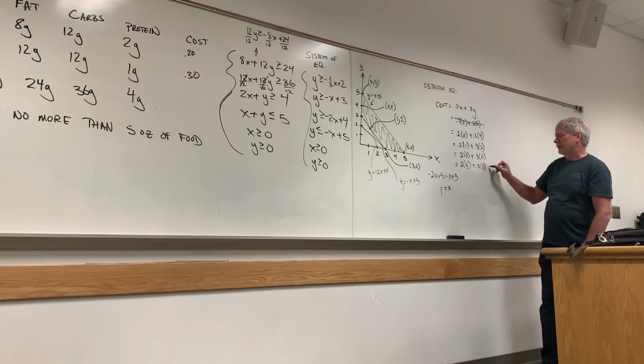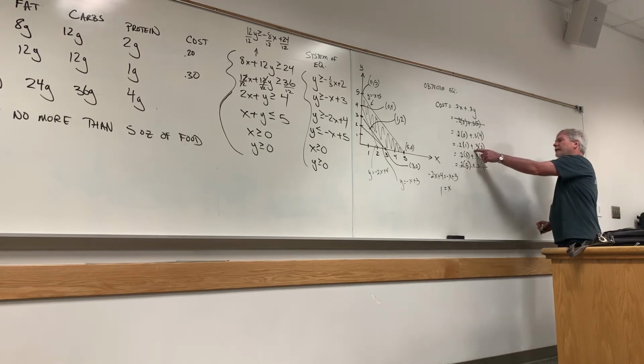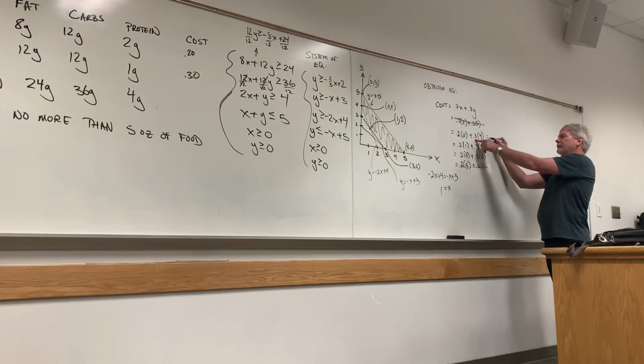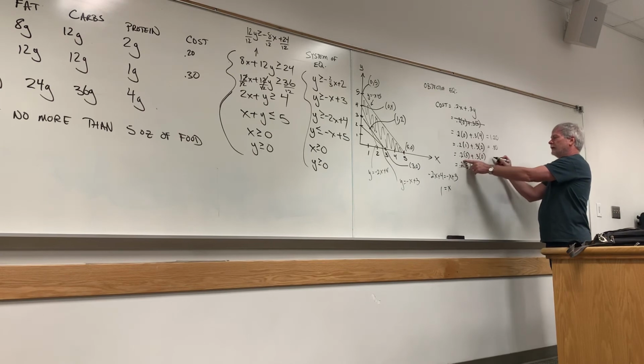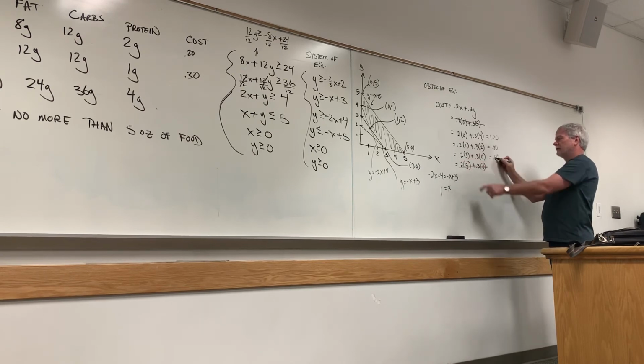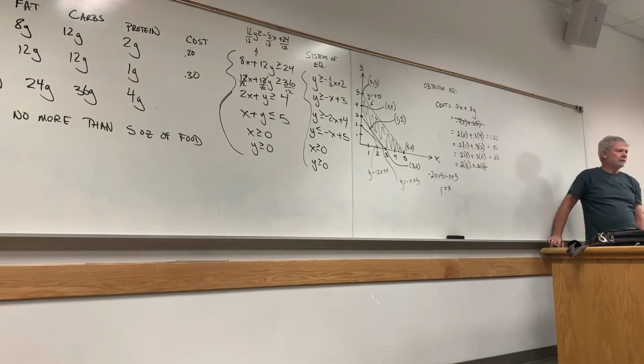This will be cheaper than this. So really I need to look at these three. That's $1.50. 20 cents and 60 cents, that's 80 cents. That's 60 cents. What do the rabbits get?